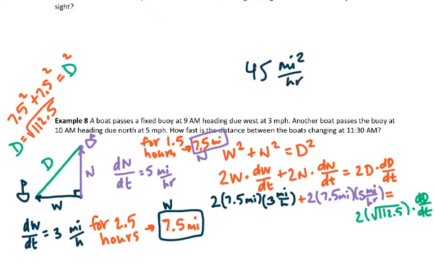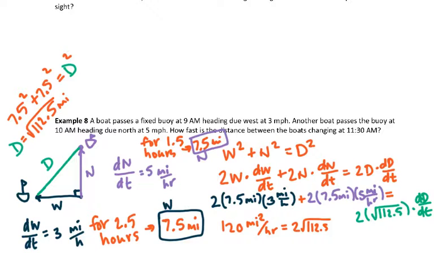I'm just jotting this down so I don't forget it. And then 2 times 7.5 again is 15 times 5, and that would give me 75 miles squared per hour. So if I add all of this together, we're going to get 120 miles squared per hour. I forgot to put our miles with this, but these are in terms of miles, so I'm going to throw that in, times the dD/dt, which is what I'm trying to find.